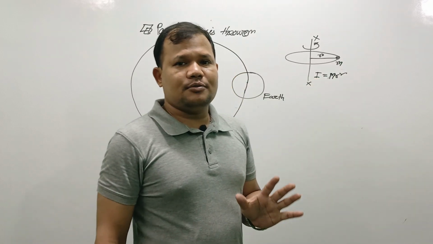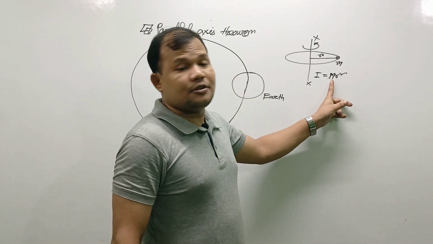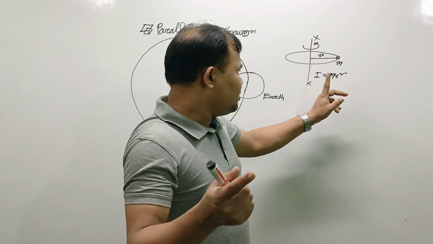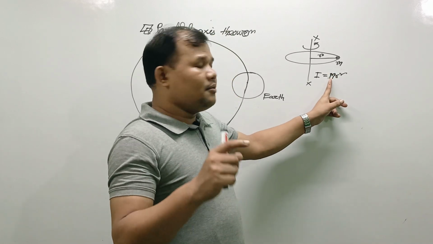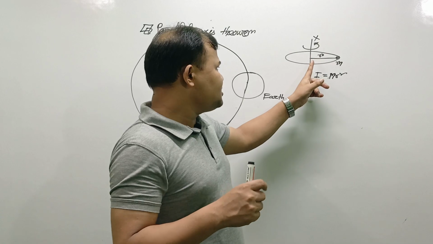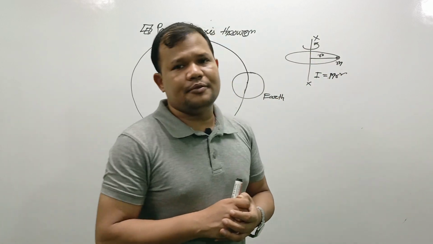According to the definition of the moment of inertia, the product of the mass of the rotating particle and the square of the perpendicular distance between the particle and the rotational axis is called the moment of inertia.